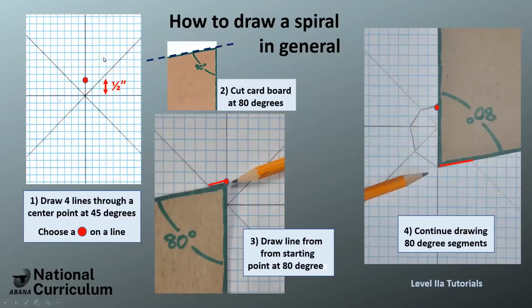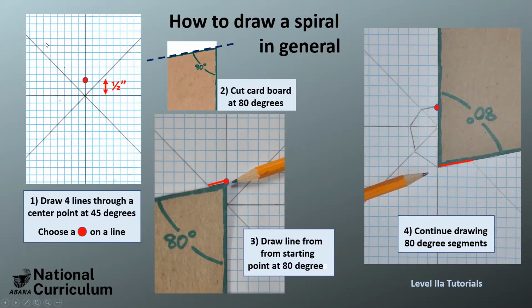So here I show you a different way to draw a spiral. And this would be a general spiral. You can draw any pitch you want with this method. You start with drawing 4 lines here on the first exhibit. They go through a center point and they all have the same angle between them.